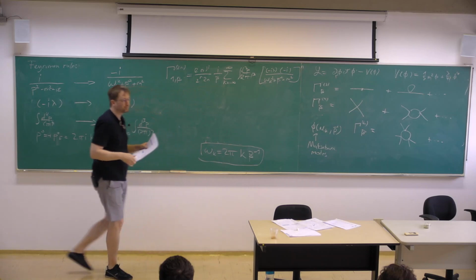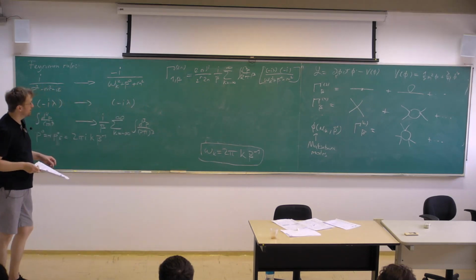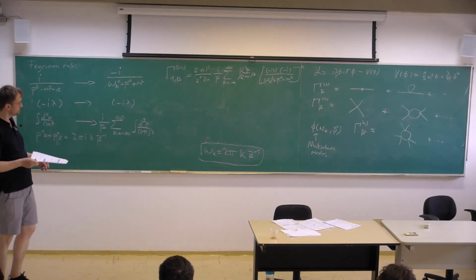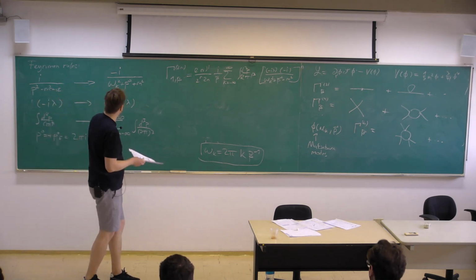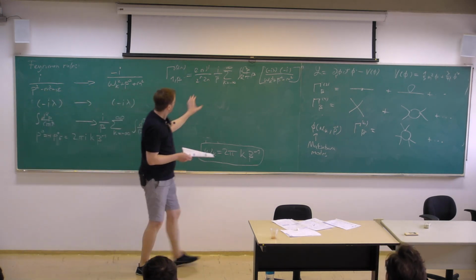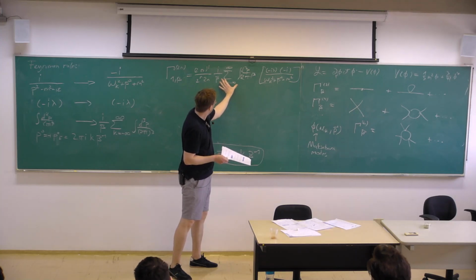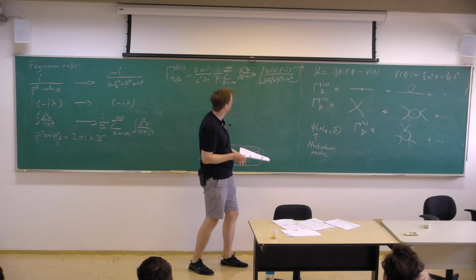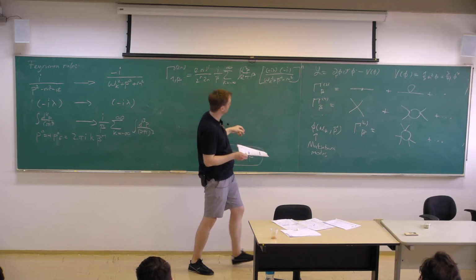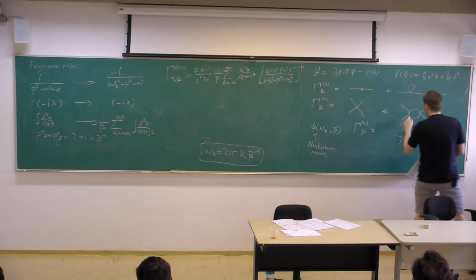I'm using the same expression that we had before at zero temperature, but now I just use this new Feynman rule. The d4p integral becomes this, the propagator becomes this, the vertex is the same. So n counts the number of vertices.